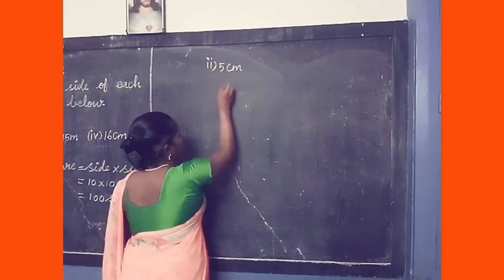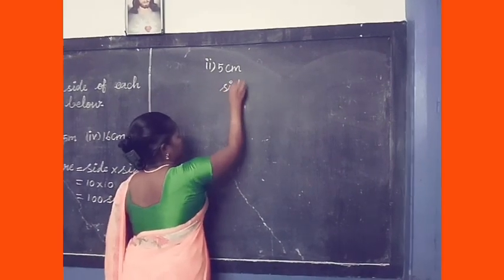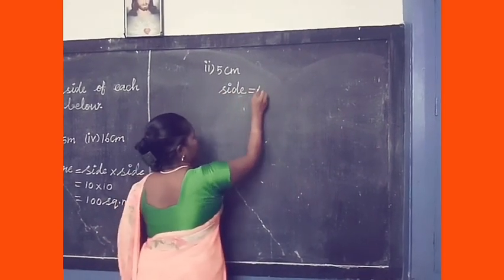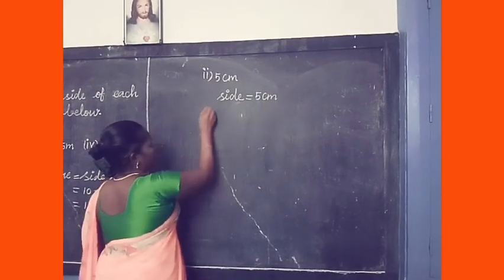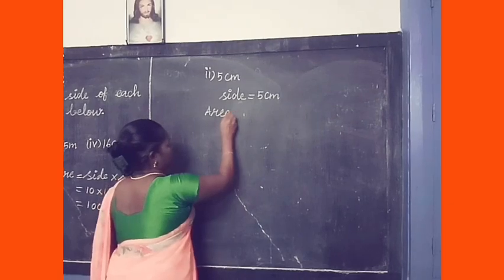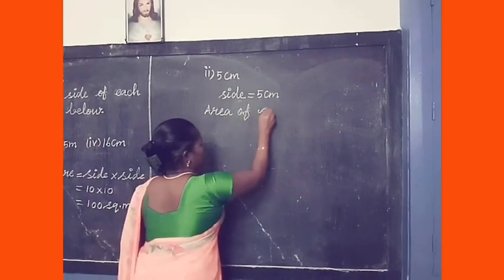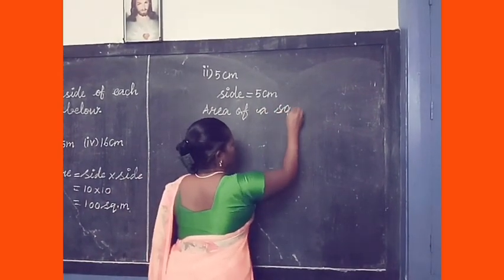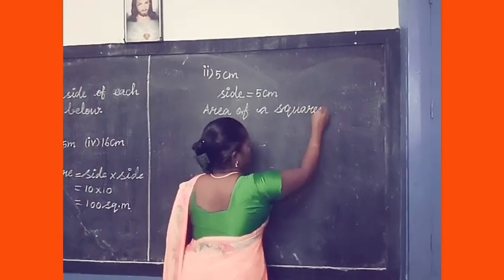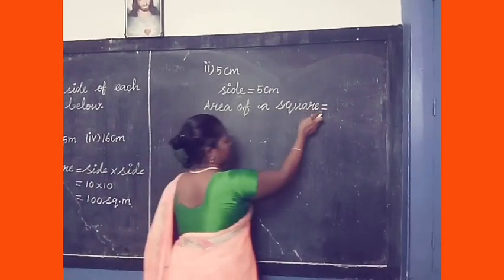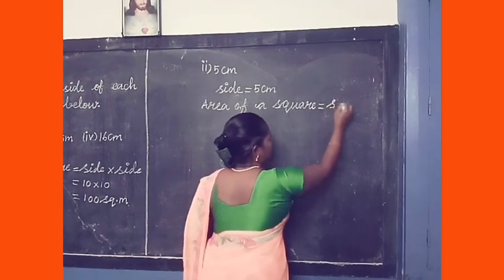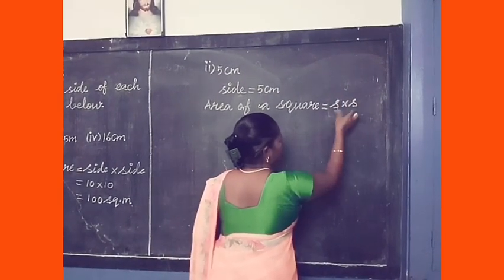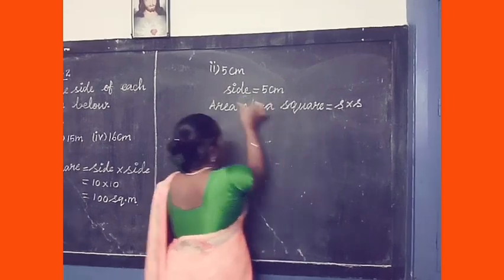So the given value, side, is equal to 5 centimeter. Now we write the formula. Area of a square is equal to, what is the formula? Side into side. So we write S into S. What is the S value?